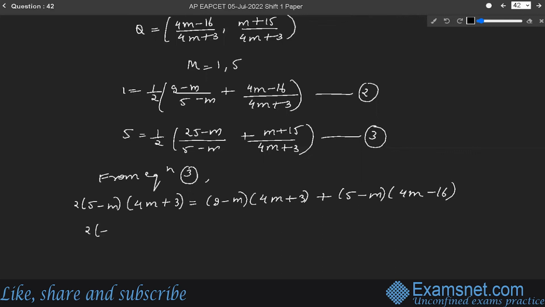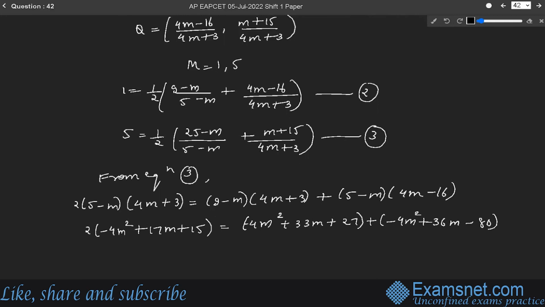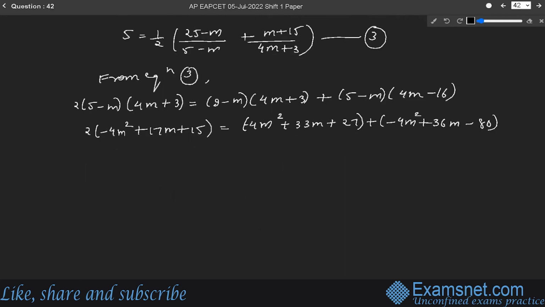which will be equal to 2 into (minus 4m square plus 17m plus 15) is equal to minus of (4m square plus 33m plus 27) plus minus of (4m square plus 36m minus 80). On further solving, it will be equal to minus 8m square plus 34m plus 30 is equal to minus 8m square plus 69m minus 53.